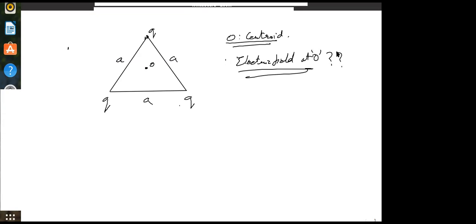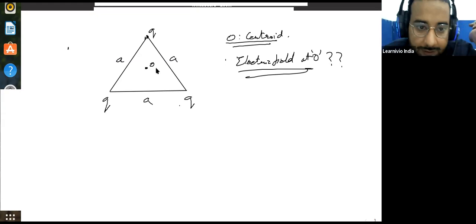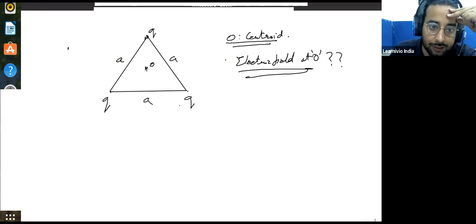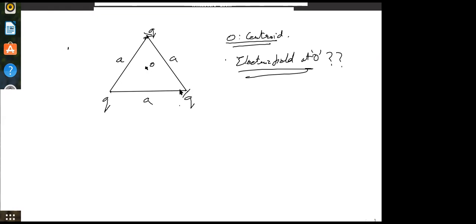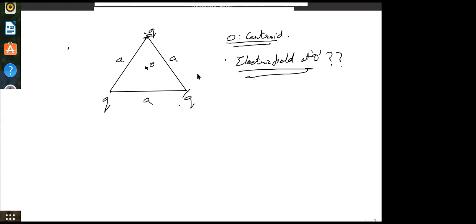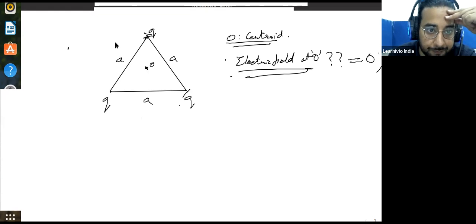Since the directions are different, if we resolve each of the directions into one single plane, they will eventually cancel to zero. Yes, exactly. Since all the distances are equal and charges are also equal, the net electric field at the centroid O is just going to be zero.